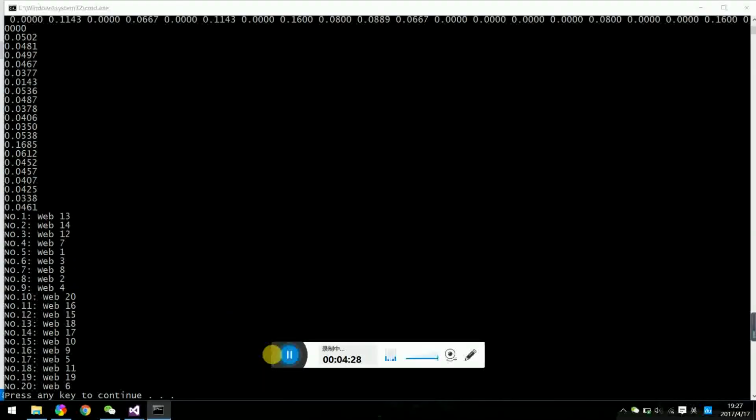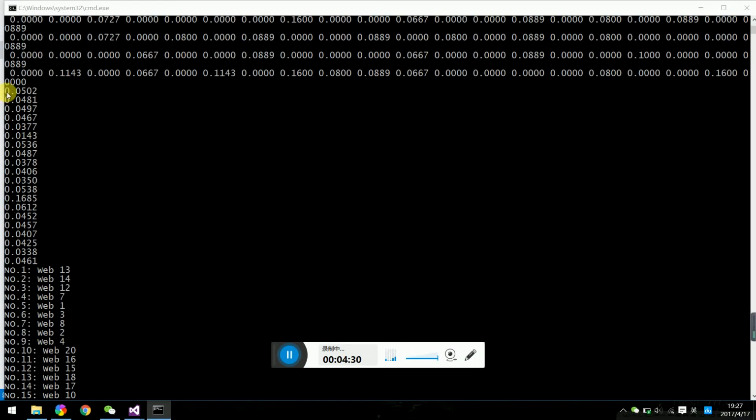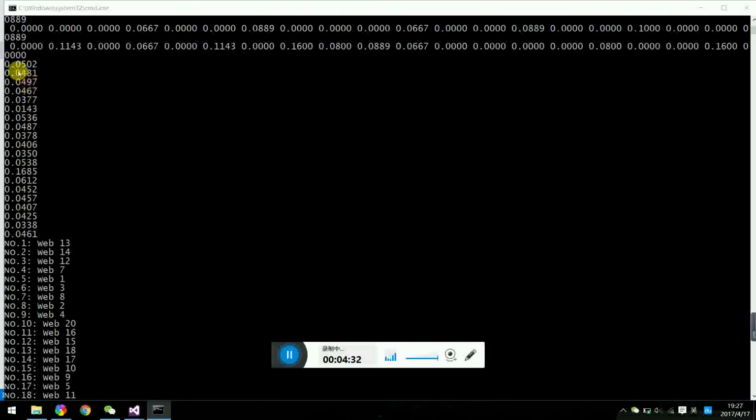So we use this system. We can see all the webs have their own PageRanks, and the PageRank of 13 gets smaller, but inputting the vector does not solve this problem perfectly, because we can see web 13 still stays at number 1.